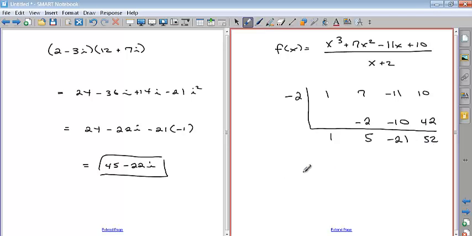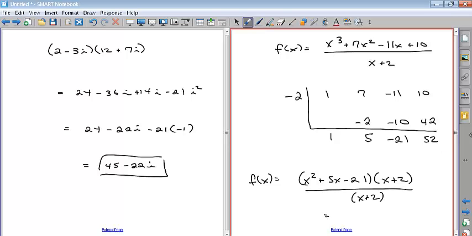So what that says, if I rewrote this, is I'd have this term, and then you'd multiply by x plus 2, by the factor. Actually, divided by x plus 2.